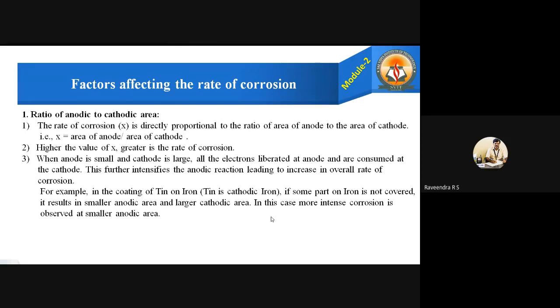In this case, more intense corrosion is observed at the smaller anodic area, that is, at the iron zone. That iron part becomes the small anodic area and suffers from corrosion, whereas the cathodic area, the tin, is protected from corrosion. This is the well-known example of tin on iron.